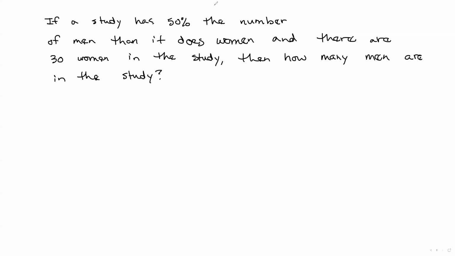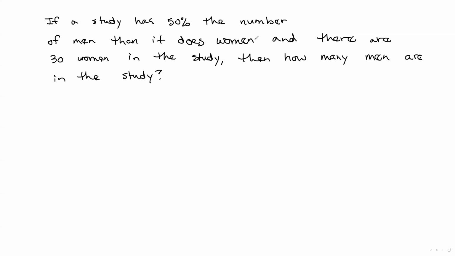Okay. So one thing you need to know to figure this out: if you see a phrase like 50% the number of men than it does women, the second quantity is going to be the baseline, and the first quantity, the first thing that it's describing, is the comparison.